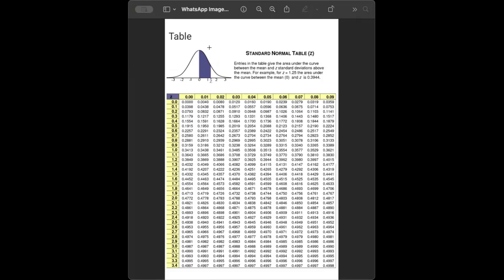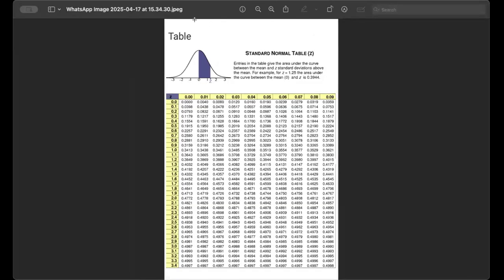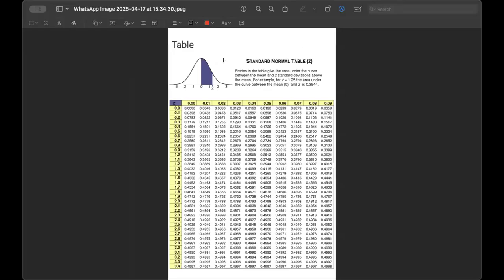So let's assume like this. Let me expand this first. With the previous example, this whole part we will be calculating as the area.